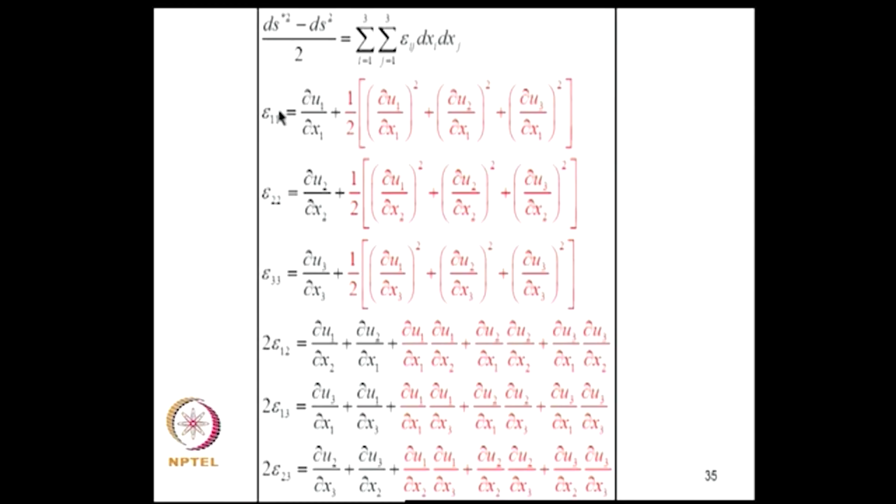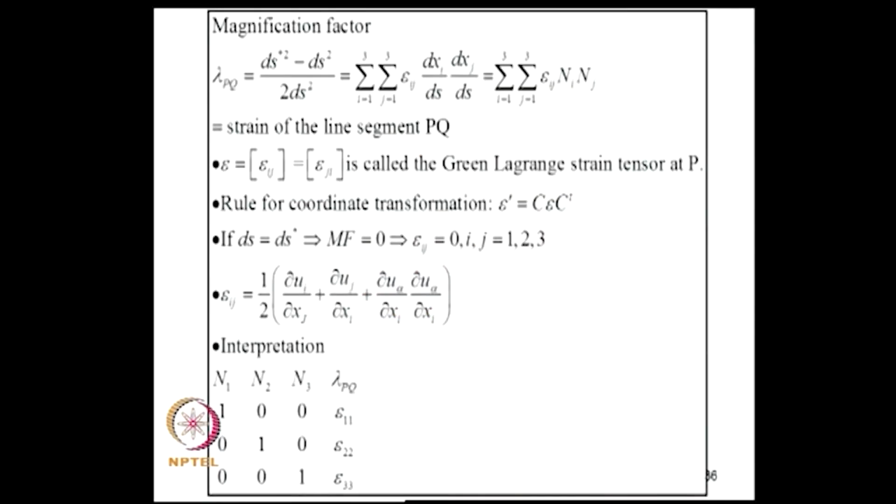So, we call this quantity epsilon ij the strain components, and the quantity ds star square minus ds square by 2 ds square, which is lambda pq, is called the strain of the line segment pq, and that is given by epsilon ij ni nj. So, this matrix epsilon ij is called the Green-Lagrange strain tensor at P.